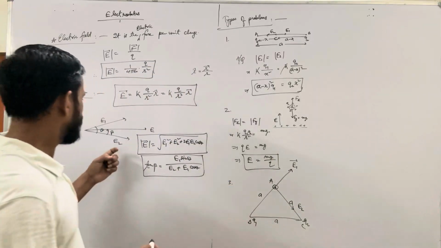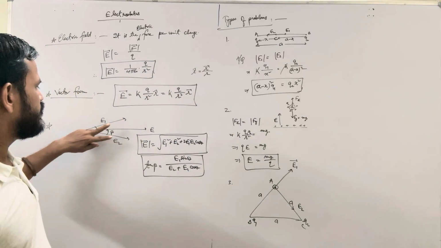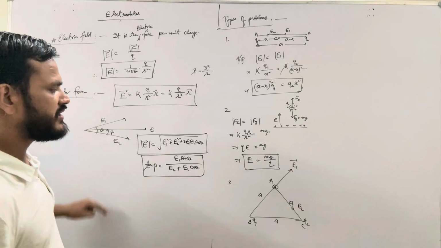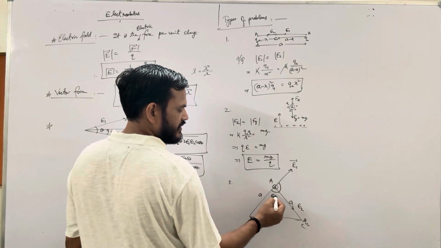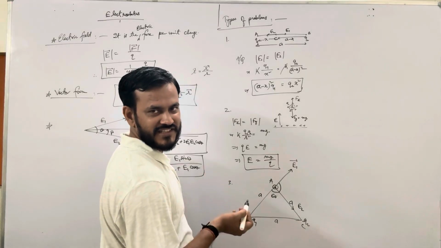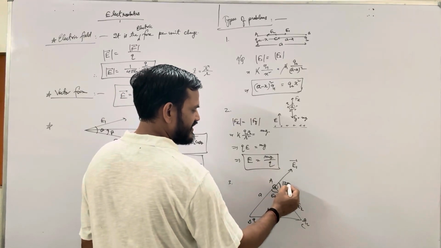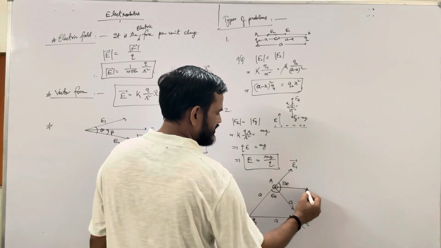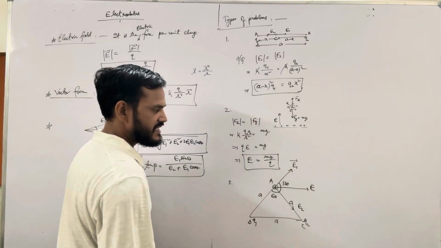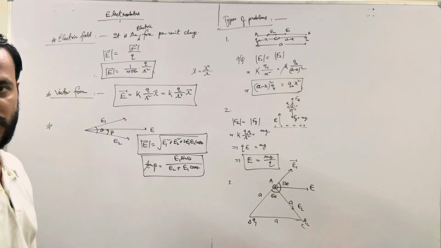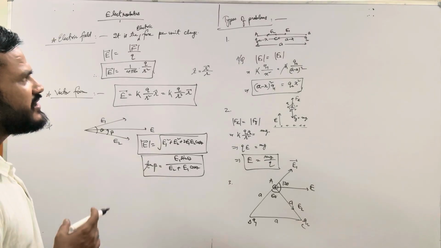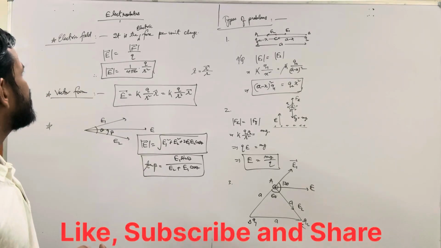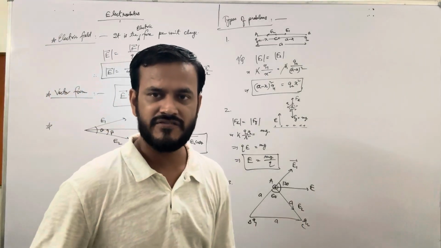So we can use this formula. Two electric fields are there and the angle between them is theta. Here, since it is an equilateral triangle, what will this angle be? It will be 60 degrees and this angle will be 120 degrees. So the net electric field will be E and its magnitude will be given by this formula. These are three kinds of problems which you generally encounter in electrostatics, in electric field, guys.